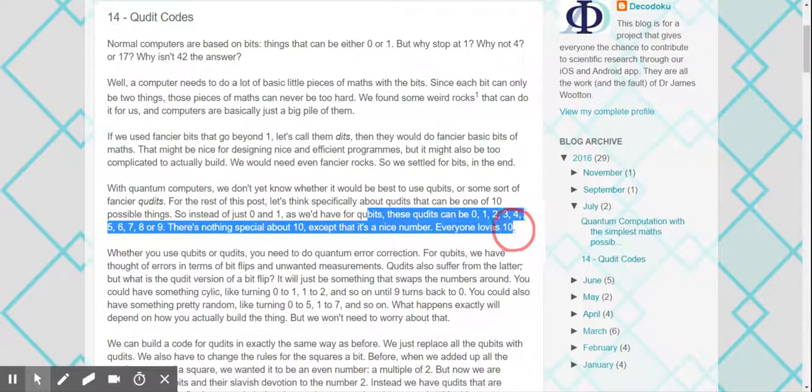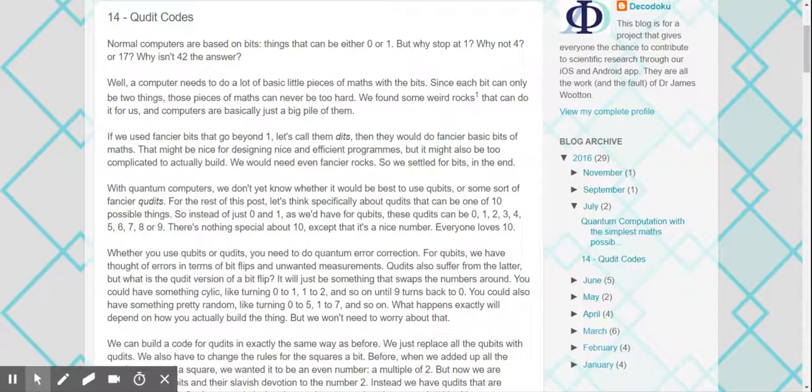I think really it's the same as with bits, it's a convention, right? Because as James here says, you could build computers that don't use bits, but I think they're called trits, and I think there's an actual computer built on this.